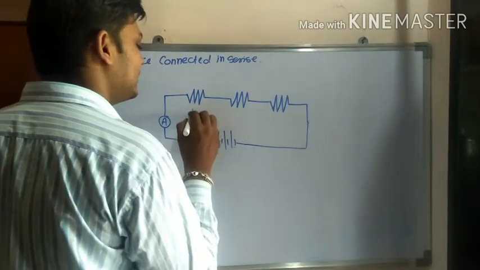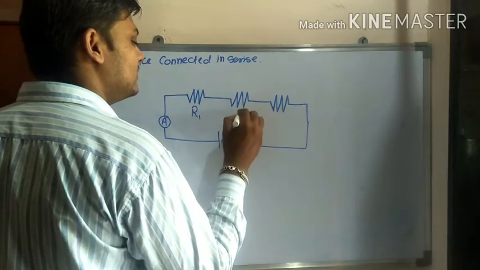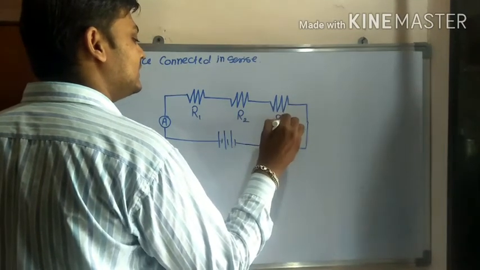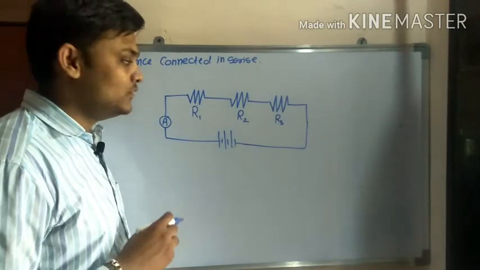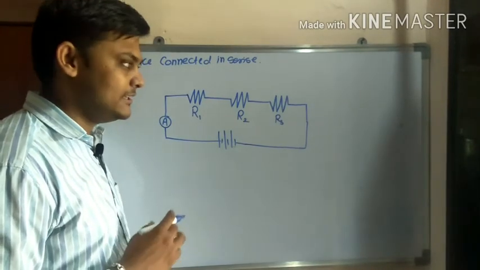Here we give the values R1, R2, R3. These are the resistors connected in series.